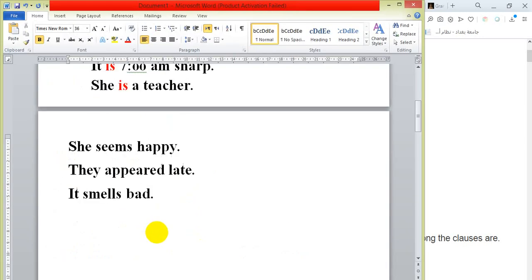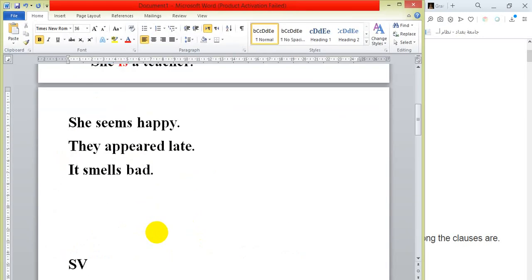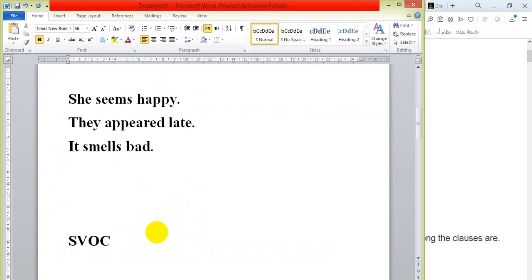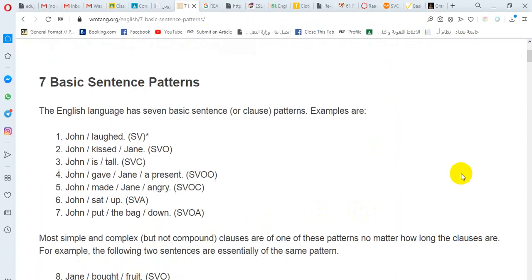If I say Jane made John a teacher, here is a noun, and here we have another noun. How can I differentiate? Because a complement can be a noun, an adjective, or an adverb. If it is an adjective or adverb, it's easier for us to differentiate between pattern number 5 and 4, because here we have an adjective, here we have a noun, two nouns.